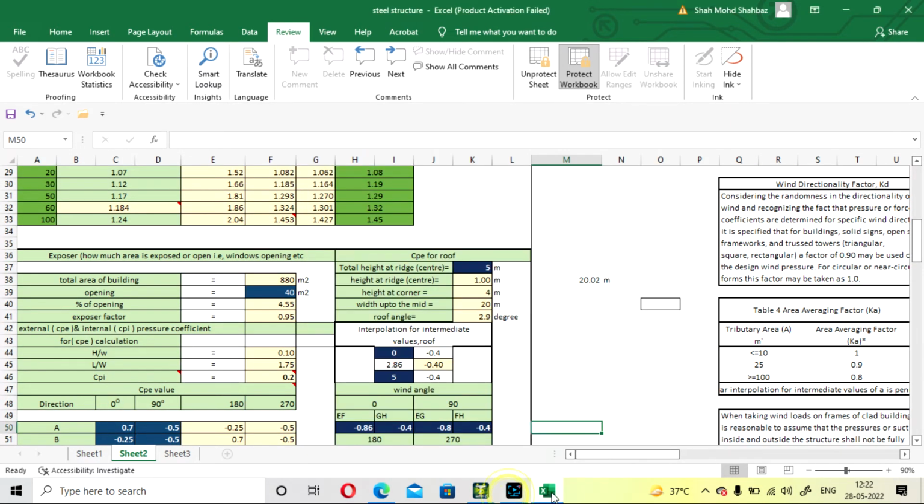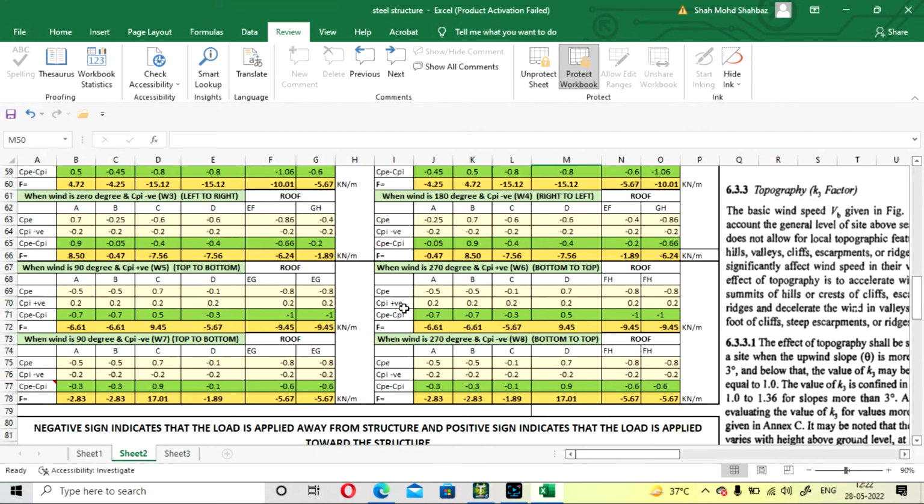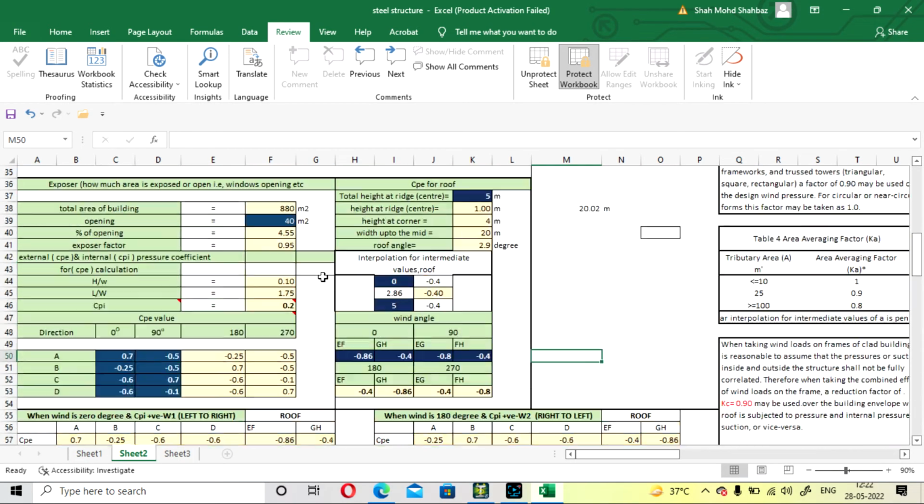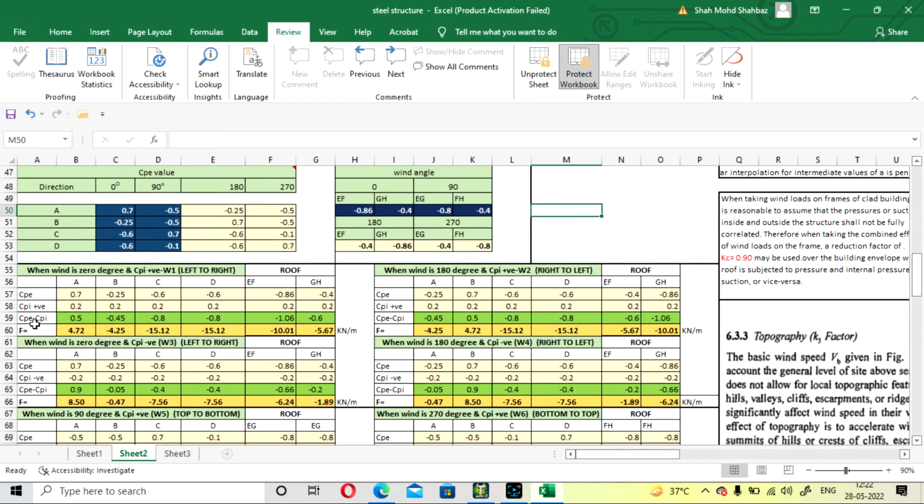Okay, and apply as I am showing you, for all the wind loads in different directions and for the roof also. And one more thing, if your opening is different in different directions or different sides, you can calculate it by changing your CPE value from here.